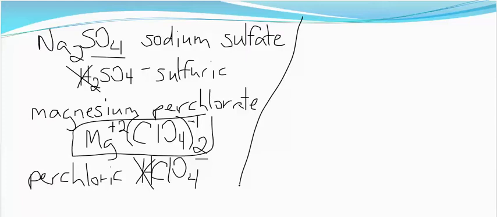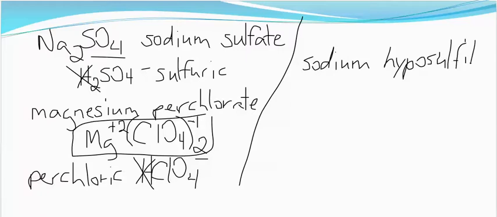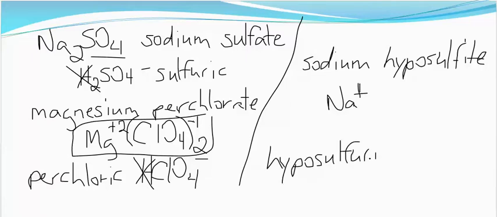Let's do one more. Sodium hyposulfite. Okay, sodium, Na. Hyposulfite comes from hyposulfurous acid. So go back to your most common form. Hypo means you lost 2, so this would be H2SO2.